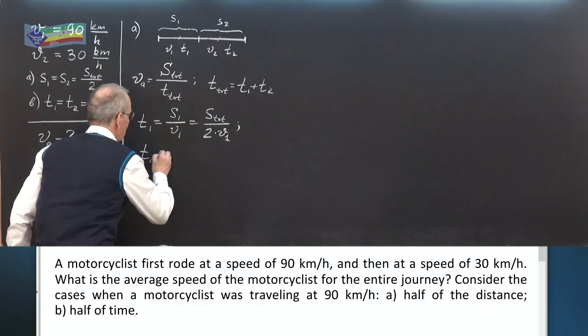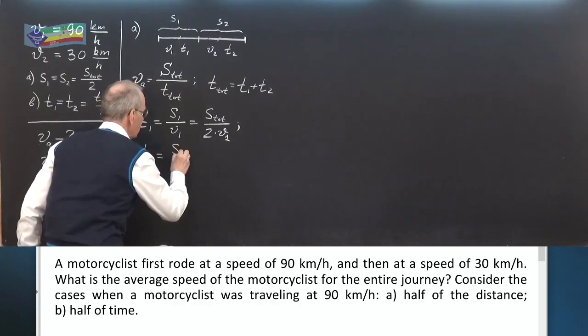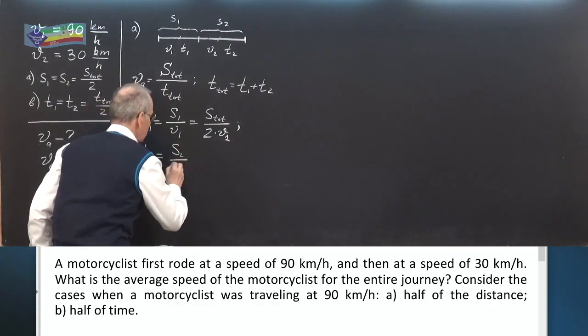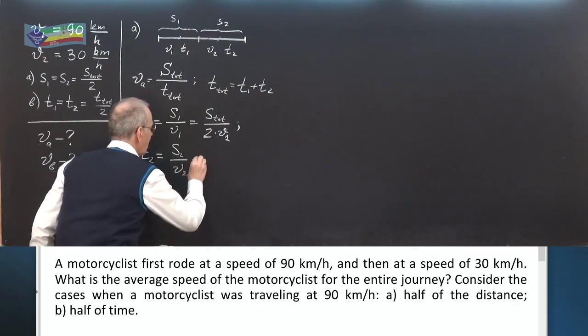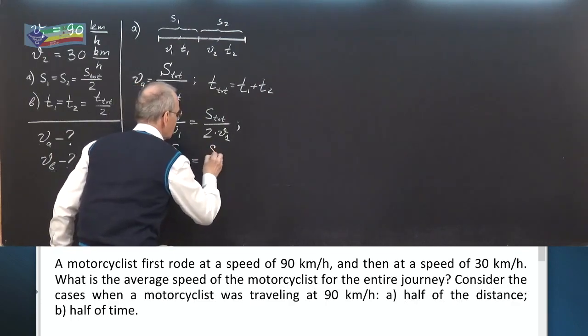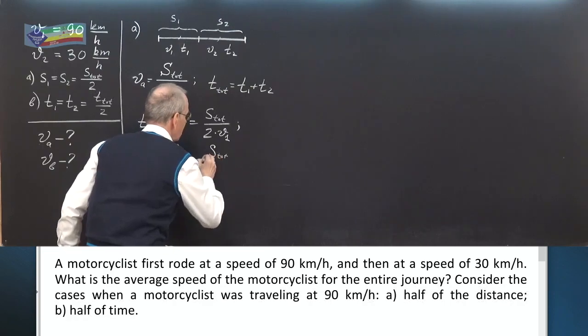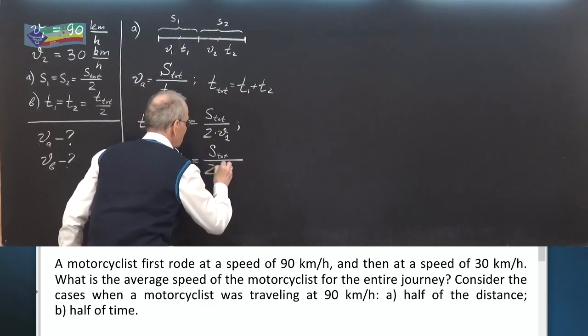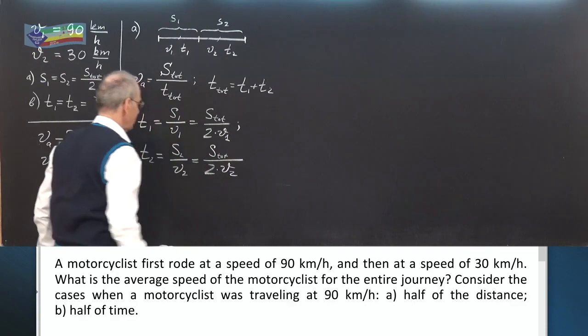T2 equals S2 divided by V2 equals S total divided by 2 and V2.